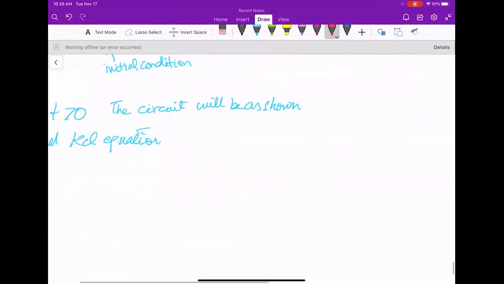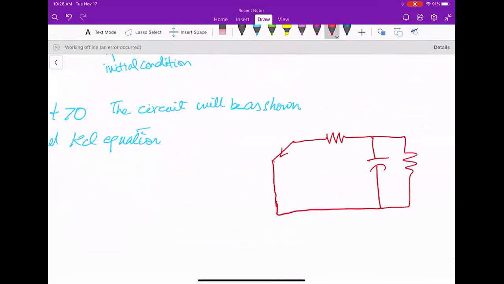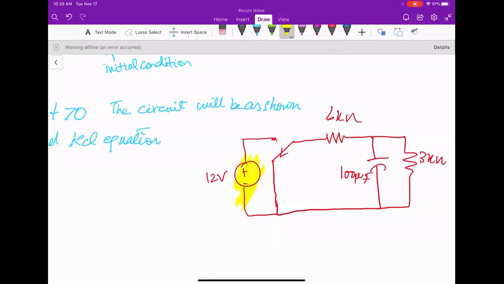So when the switch moved, right? Now this is the new circuit after the switch moved. So this voltage source is out of the circuit now at t greater than 0.